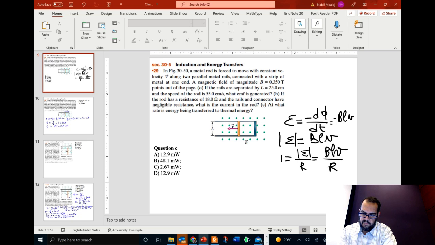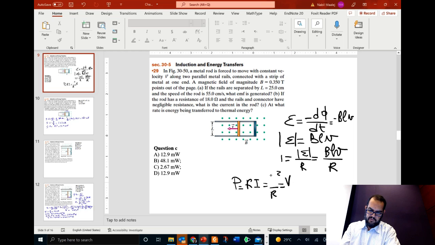At what rate is energy being transferred to thermal energy? Remember, we have the resistance R for this loop, and we can use Ri squared, V squared over R, or V times I, where V in this case is the EMF.